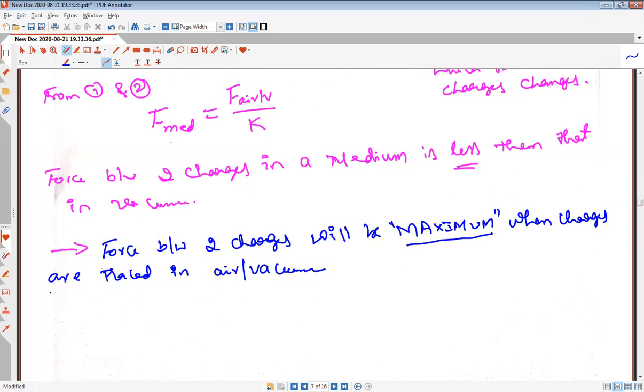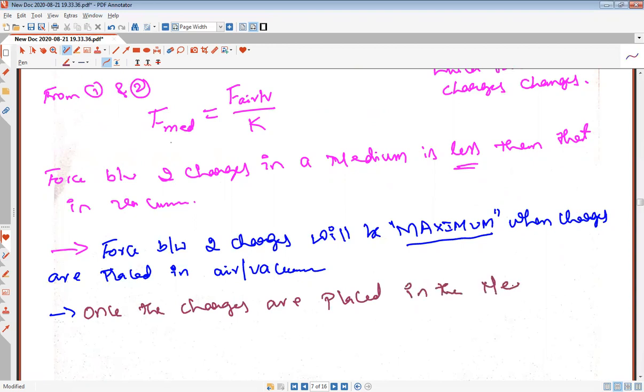Once the charges are placed in the medium, the force between the charges decreases.